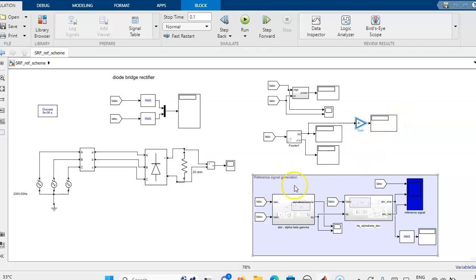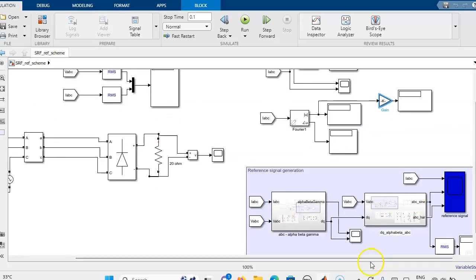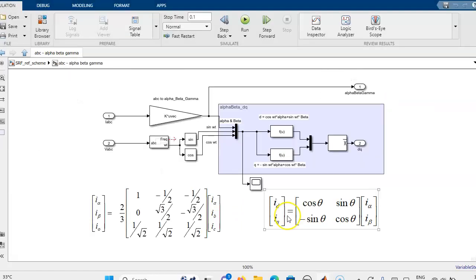Then coming to the reference signal generation. The algorithm I have applied is the synchronous reference frame. Here the current signal IABC and VABC are the feedback signals. This signal is given to the alpha beta gamma block. So what is that alpha beta gamma block?